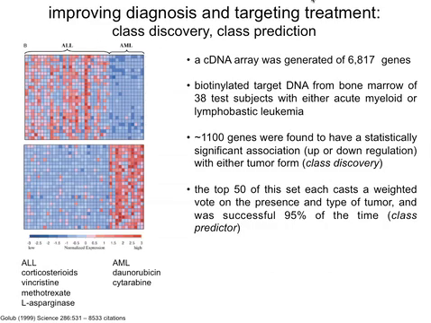In this case, we're looking at the comparison and contrast of two types of leukemia. First is acute lymphoblastic, and the second is acute myeloid leukemias.